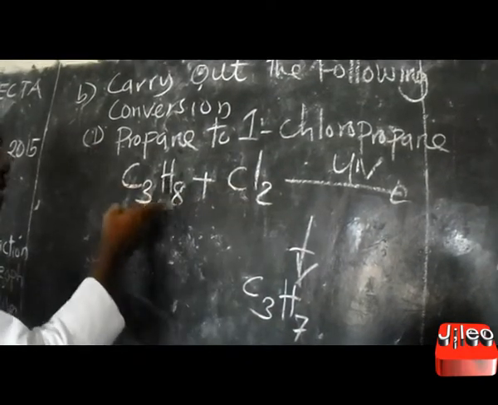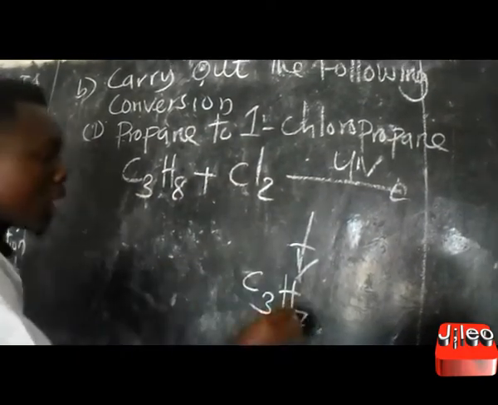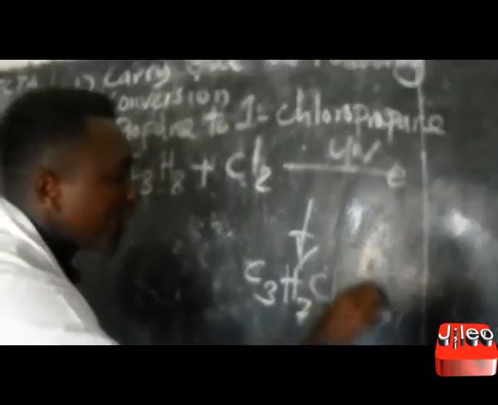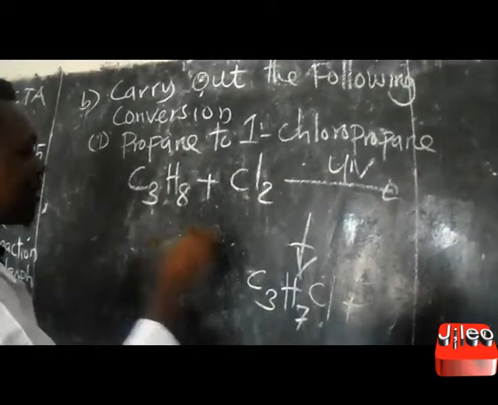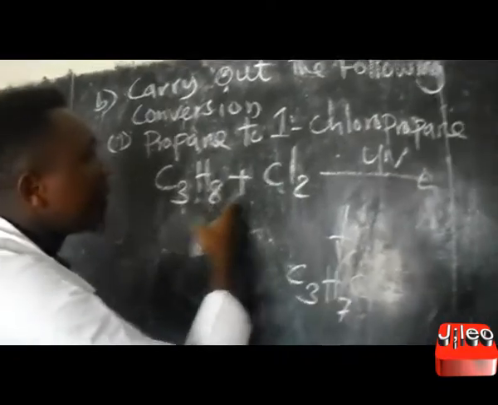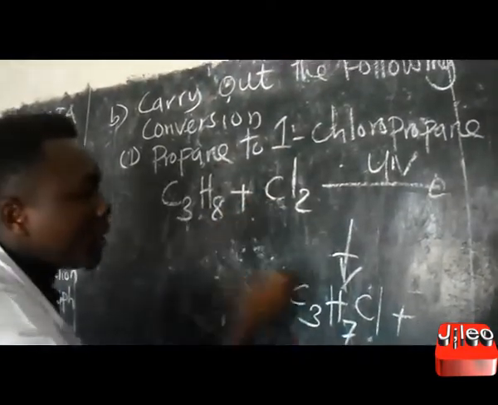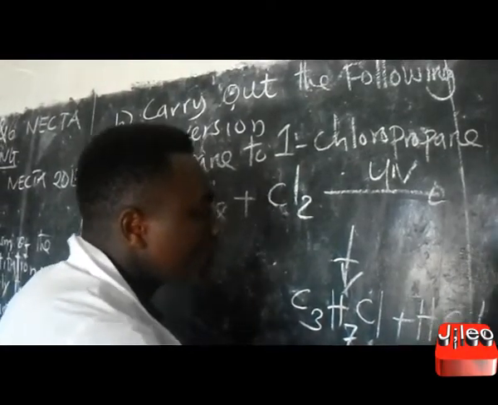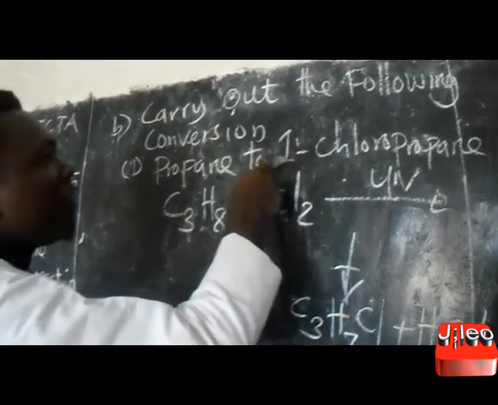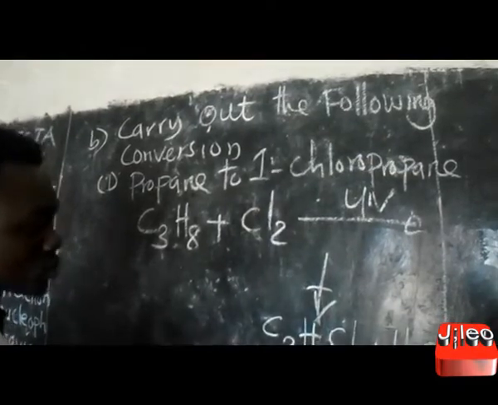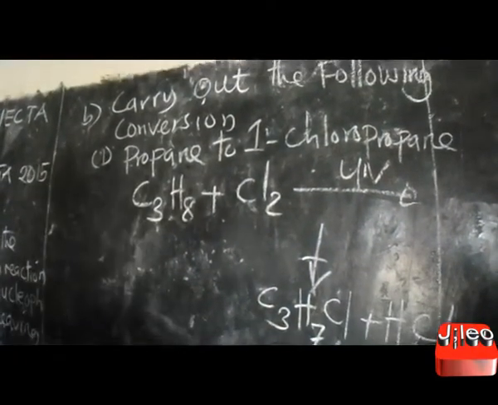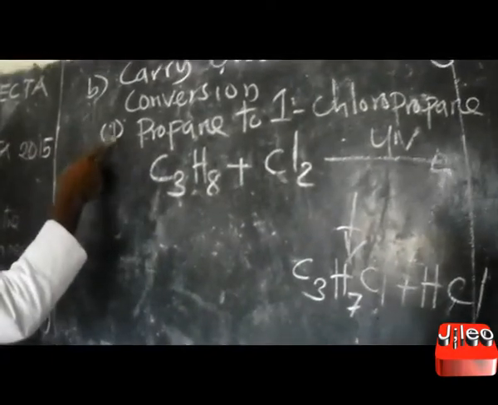Then chlorine takes the place of that hydrogen leaving. The hydrogen that left combines with the remaining chlorine here, then forms hydrogen chloride. Our 1-chloropropane is this one. Now the conversion is over. So this is part B, Roman 1.